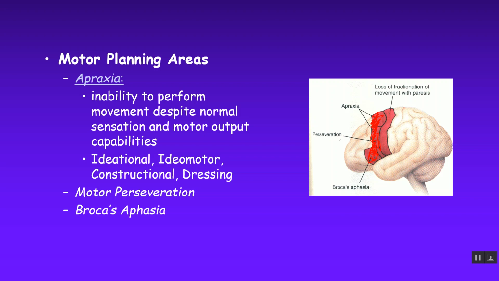And they pick up the toothbrush and they try to brush the toothpaste with the toothbrush, or they start brushing their hair with the toothbrush. They know how to use it, and they can move it. They're manipulating it and trying to do something, but it's not the right plan. So that's ideomotor. They're actually moving and trying to do something with it, but they're using it the wrong way.